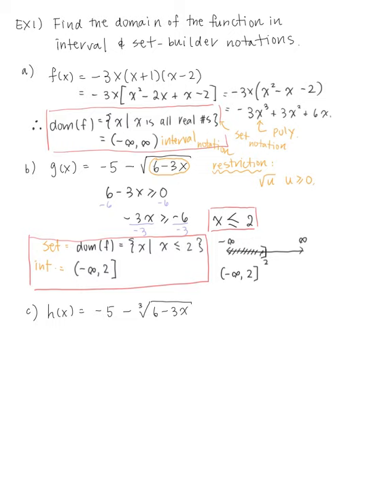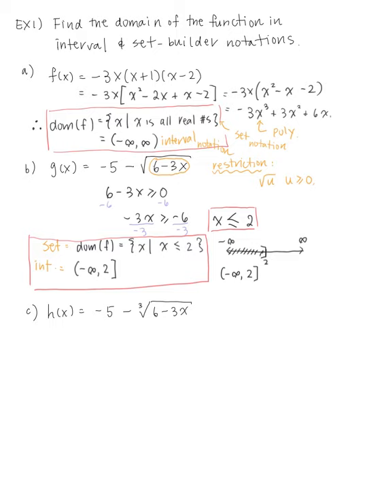Now let's look at part C. h of x equals negative 5 minus the cube root of 6 minus 3x. So this is the same thing as part B, but instead of square root, I just put down a cube root instead. Now, since this is a cube root, are there any restrictions? The answer is no. Remember, if it's an odd root, your answer is always going to be all real numbers no matter what.